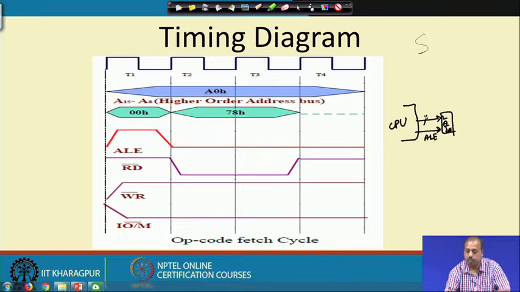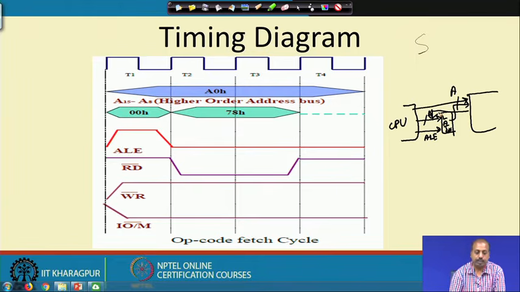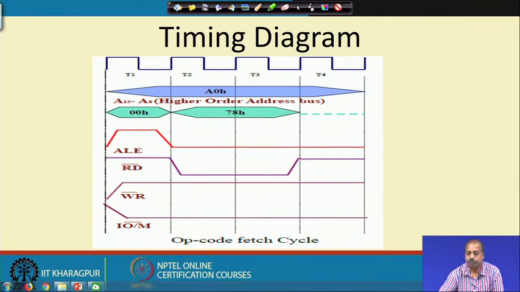The ALE signal is used to latch this lower order address bus, and then if this is the memory, the lower order address bus and the higher order address bus together form the address for the memory, and the data comes to the data bus directly like this. So the ALE signal is activated when the lower order address data bus contains the lower order address part. Now to the memory, the address has been given properly.